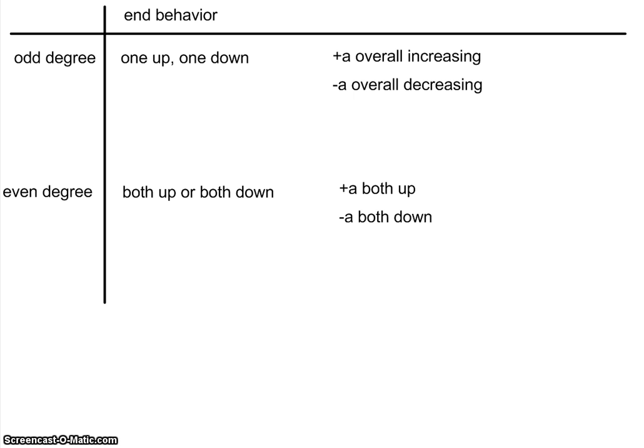All right, so a couple things to review here as we go in. Odd degree functions. Remember, degree is your largest exponent, your highest power. So odd degree: x to the first, x to the third, x to the fifth. What happens is we have one tail up, one tail down.